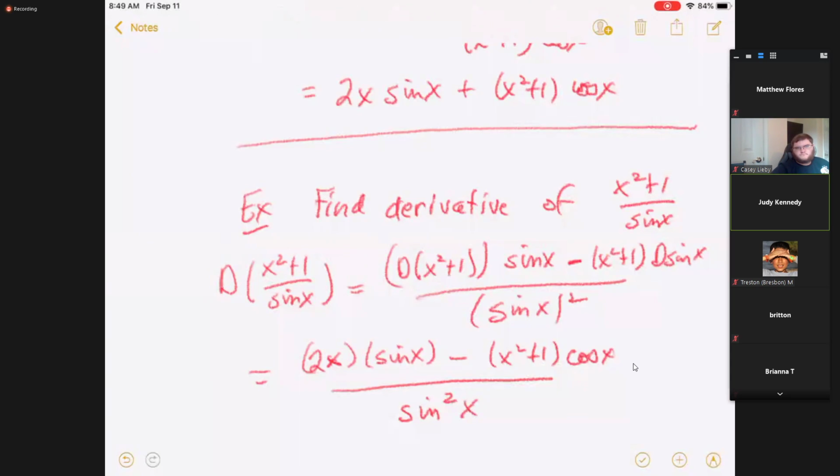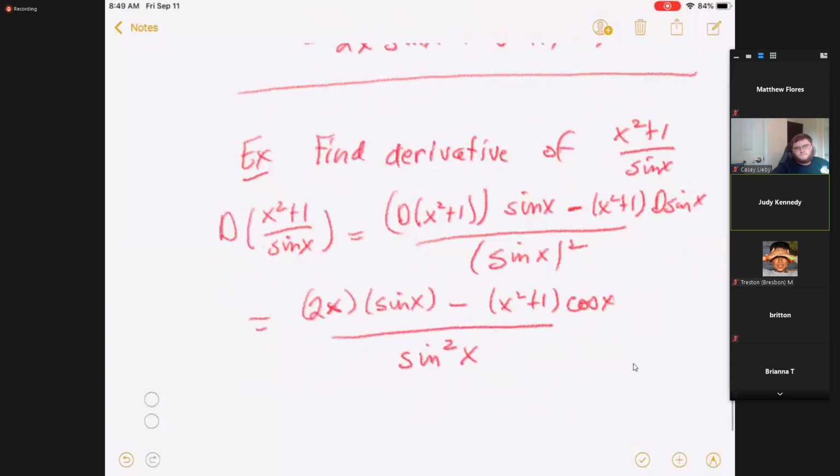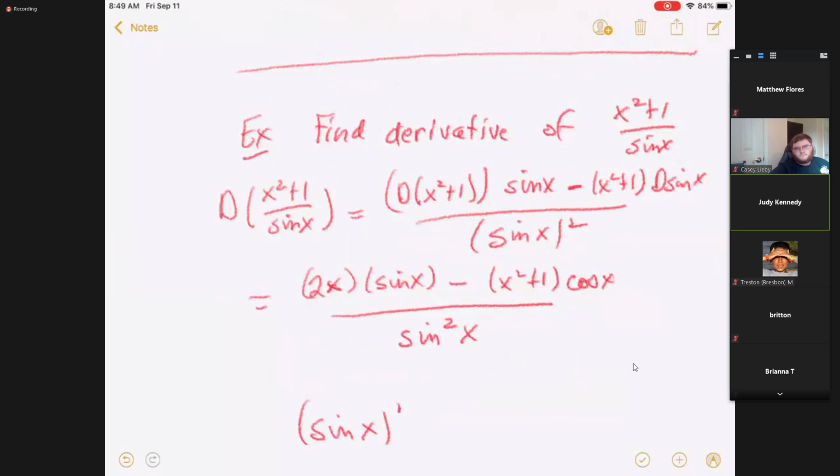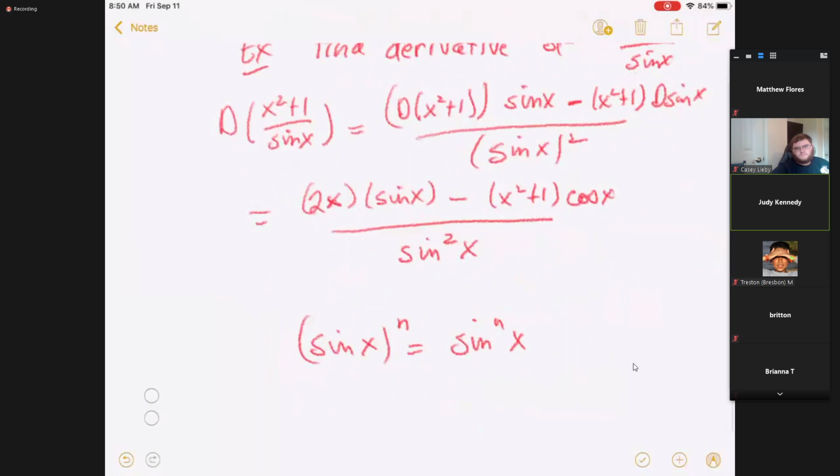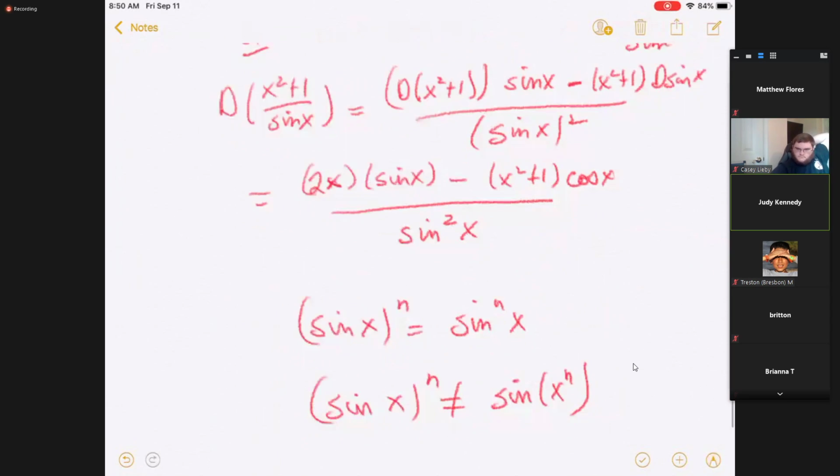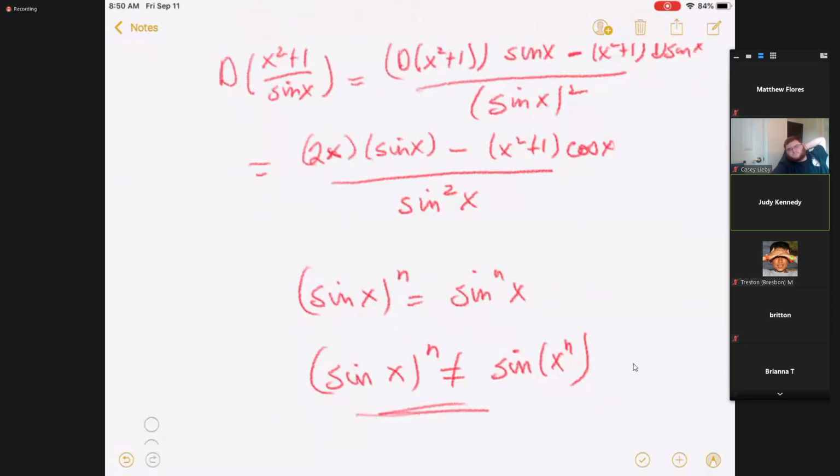Yes, people use that notation. But the sine of x to the n is not the same thing as the sine of x to the n. We're going to talk about this kind of thing on Monday. Both this function and that function are composite functions.